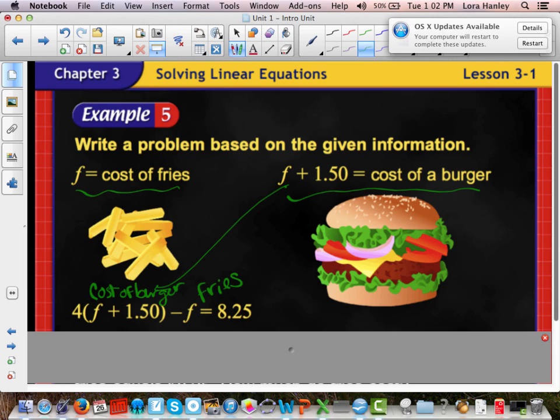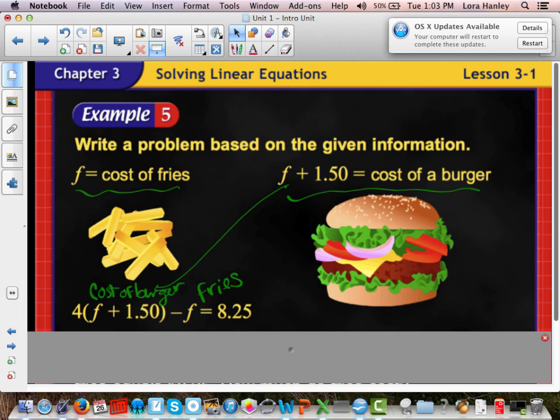Notice they didn't take away 4 orders of fries, they took away 1. So one way to write a problem is to say if 4 friends go out to eat and each friend wants a hamburger, but one of them does not want any fries, their total is $8.25. So what is the cost of the French fries they will be receiving?